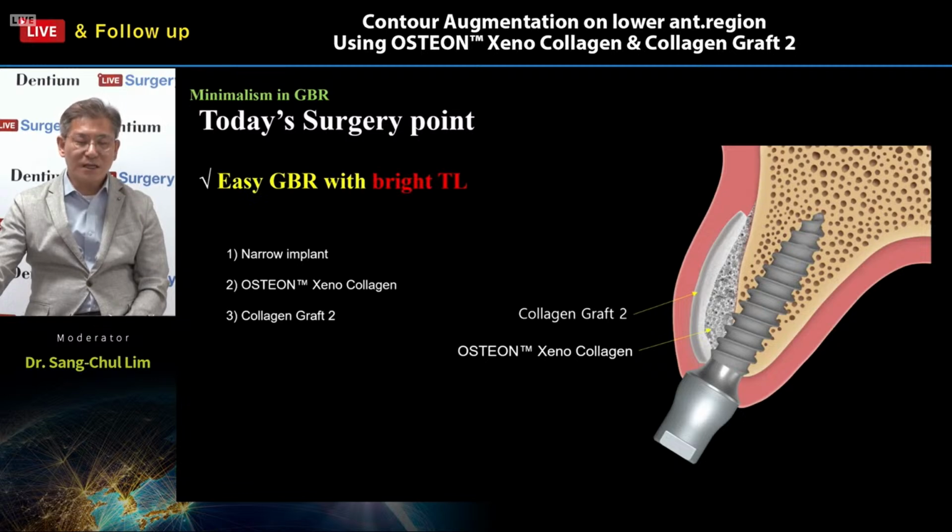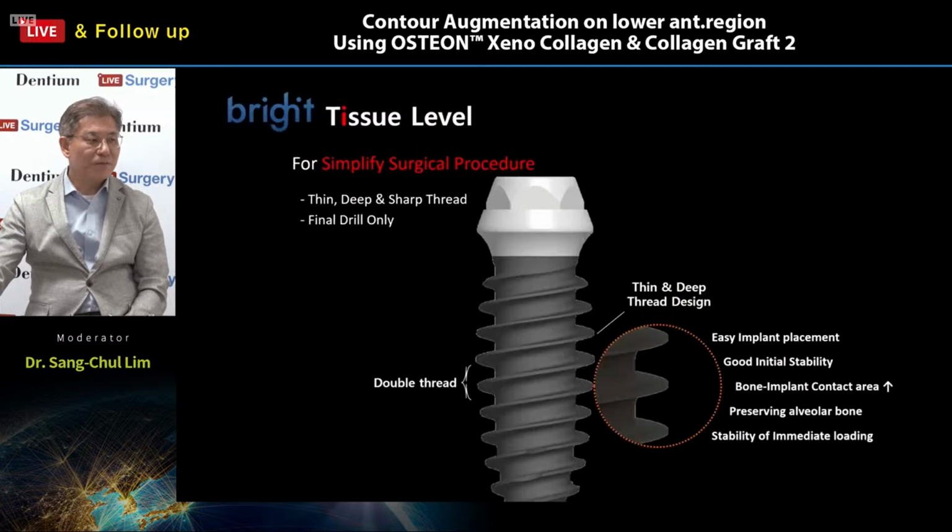So today we can see clearly how these new biomaterials, osteogenocollagen and collagen graft 2, work on this depressed narrowed ridge area.